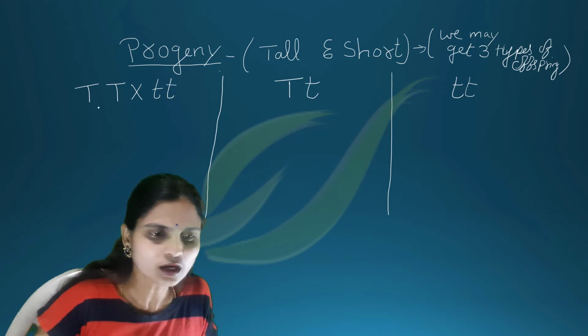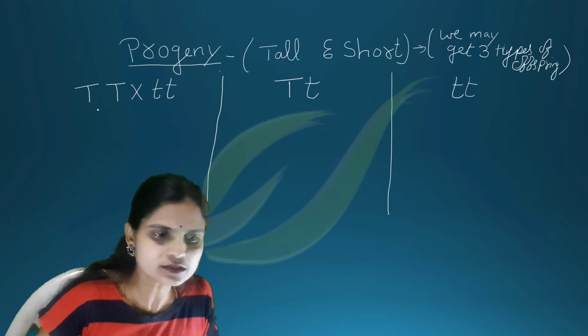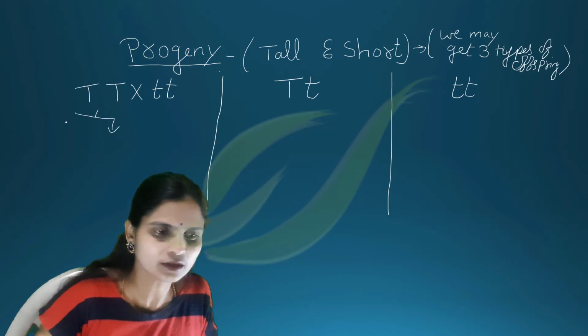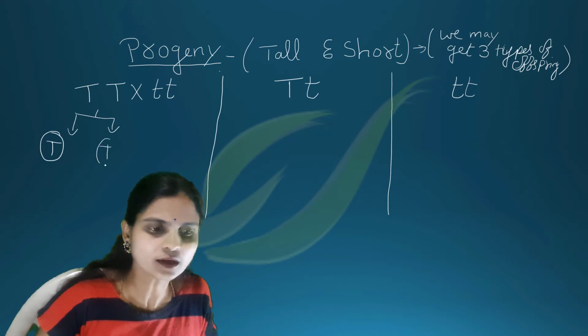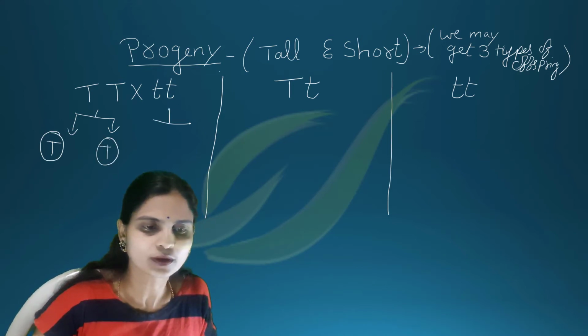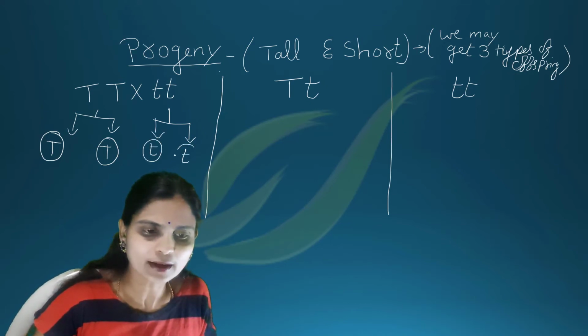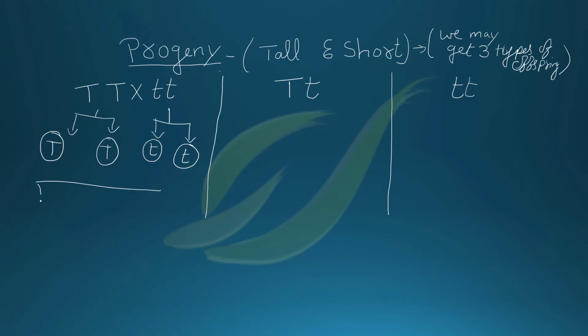The gametes obtained here are capital T and capital T, and here you are going to get small t and small t. Why I am doing this is very important for your NEET question. If you do the Punnett square, what progenies you are going to get and how they are going to ask the question.